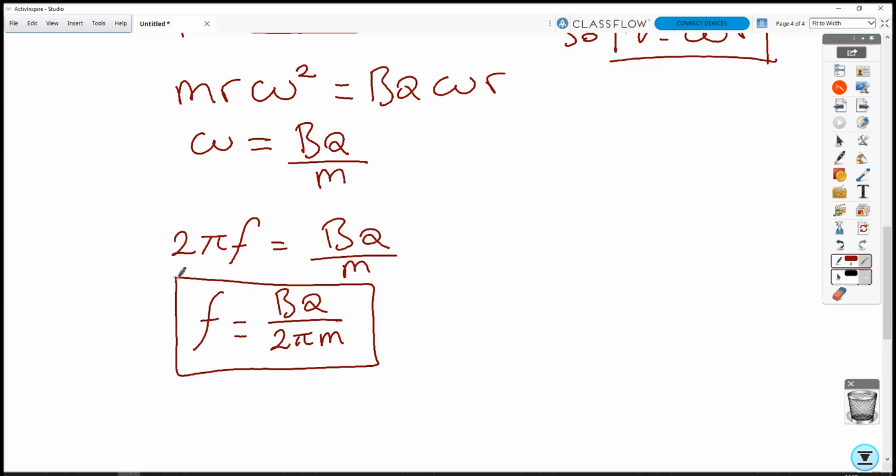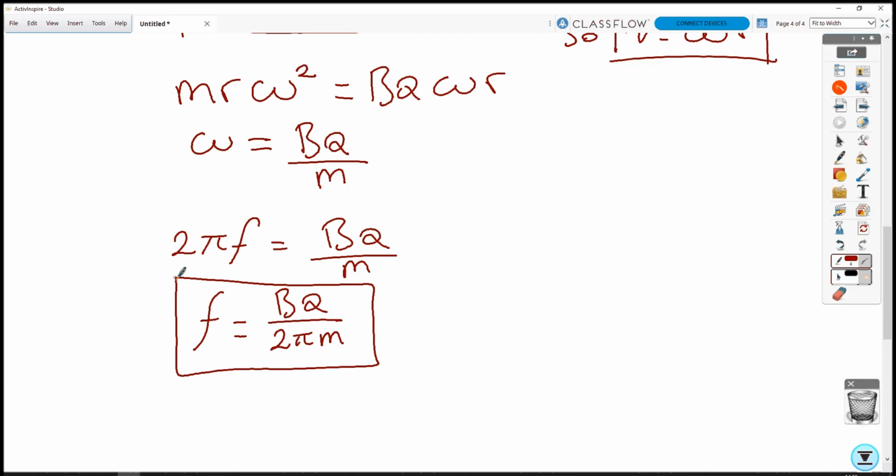Now this is an important equation to get to. So we said that the flipping frequency of the D's is related to the angular frequency of the electrons moving in a circle. And then we've got that the frequency is equal to B q over 2 pi m. Well, B is a constant. The magnetic flux density is a constant. We have a uniform magnetic field.